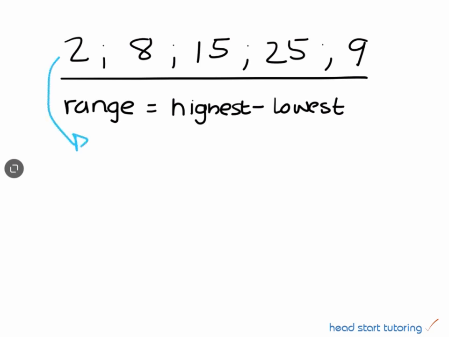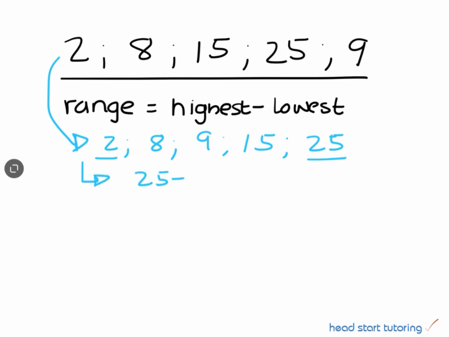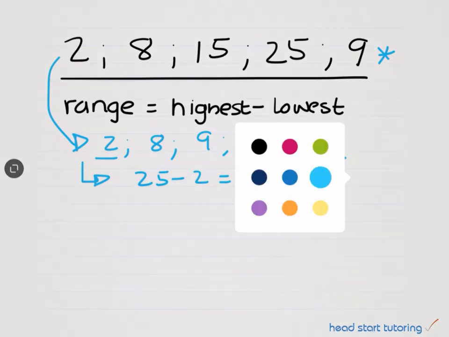We don't necessarily have to, but it just makes it a little bit more accurate for us to arrange these numbers in ascending order. And we therefore know that 25 is your highest number, 2 is your lowest number. So we say 25 minus 2, and that gives us an answer of 23. So the range of this group of numbers will be 23.